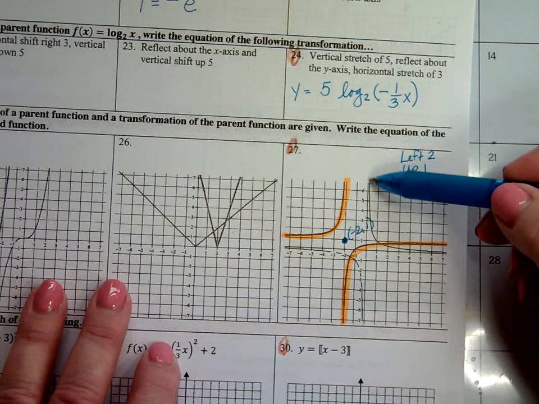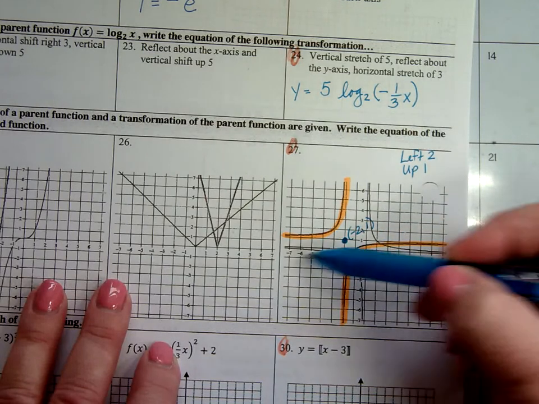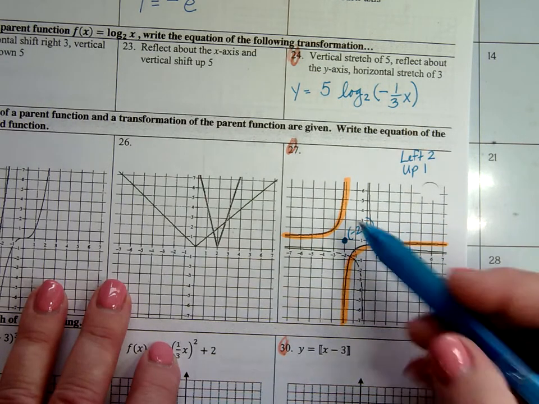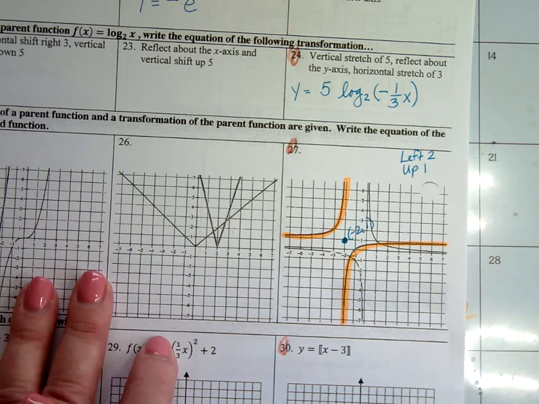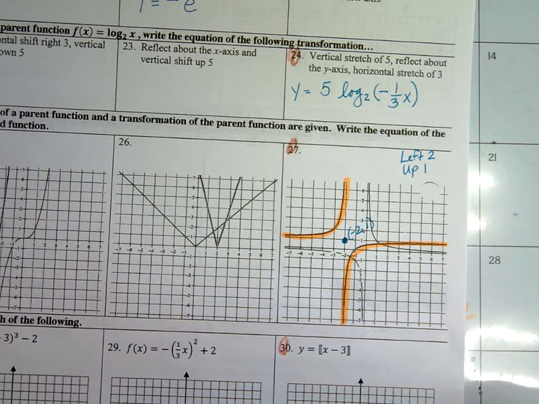So the original function would be in quadrants 1 and 3. My new function's in quadrants 2 and 4. So has it been flipped over the x-axis or has it been flipped over the y-axis? Tough question.